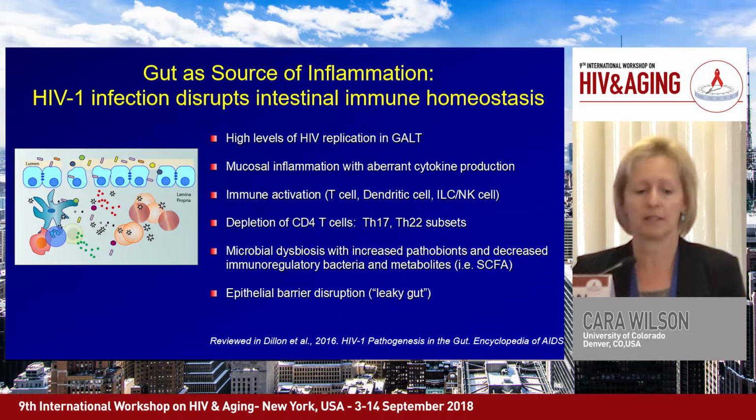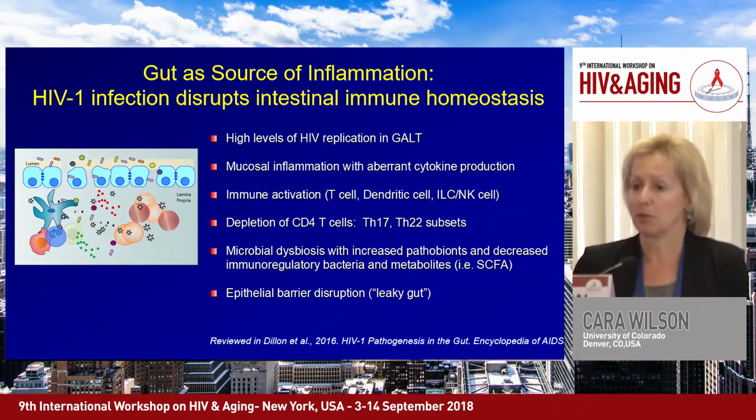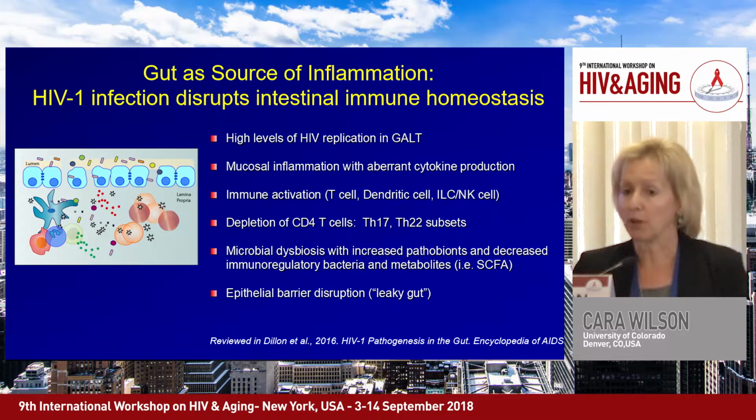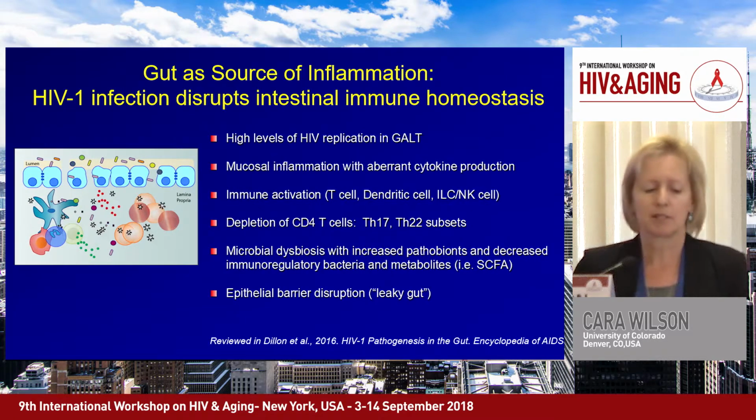HIV replicates in the gut tissue at very high levels during the earliest stages of infection, targets receptive CD4 T cells, kills them, and creates a lot of inflammation. This ultimately disrupts the epithelial barrier, but there is this associated microbial dysbiosis, or change in the gut microbiome, that's been linked to all this gut pathology.